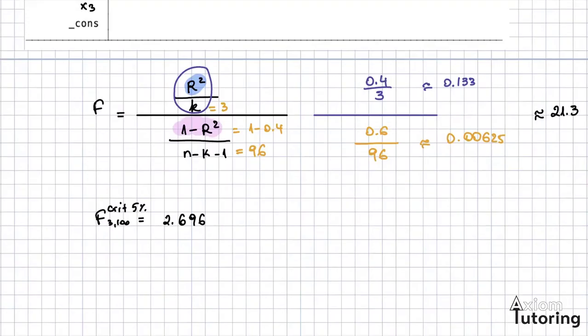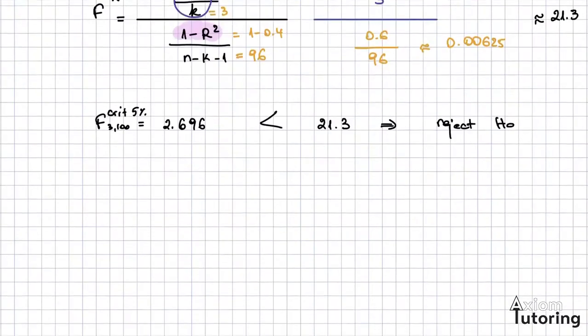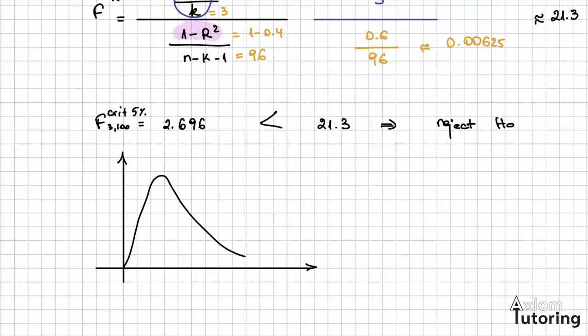This number is very clearly smaller than the F star that we have here of 21.3, which made us come to the conclusion that we can reject the null hypothesis. Because this F statistic is so large that it would have been very deep into this right tail. So it would have been somewhere very far away there.